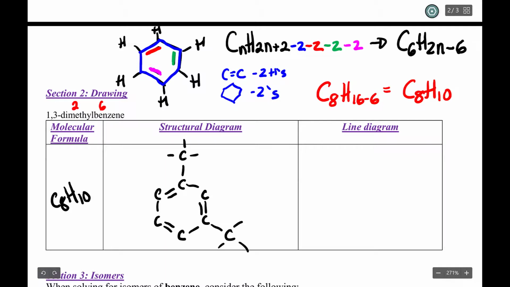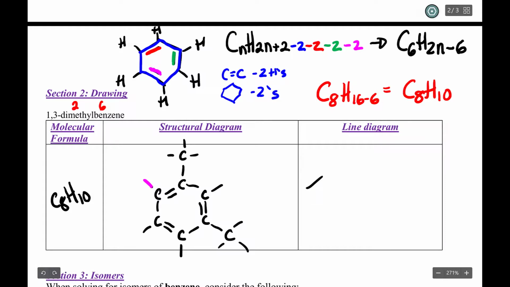The only carbons that still need anything is this one, this one, this one, and this one. So let's start by making a mark here, and then we'll go around clockwise. So I've got 1, 2, 3, 4, 5, 6, 7, 8, 9, and 10 hydrogens. So my molecular formula is right.